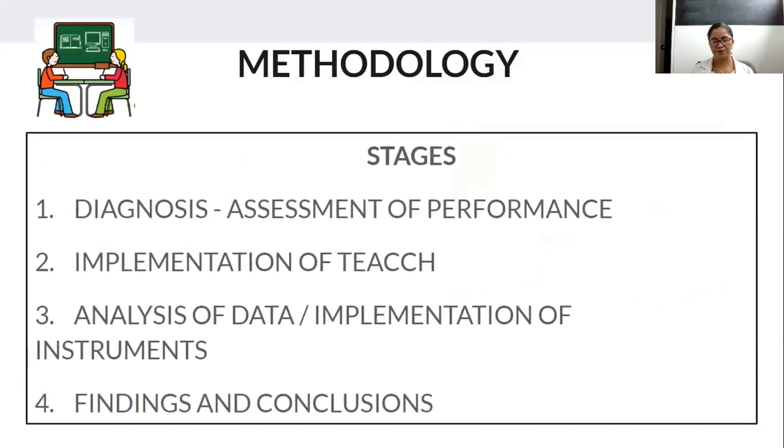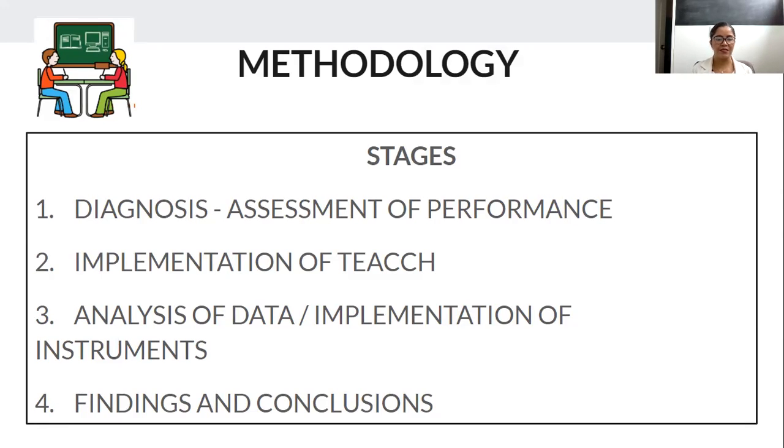So, methodology. I decided to do 4 stages, in fact. The first one was a diagnosis stage in which I assessed the performance of the students so that I have that in mind in order to compare it with the performance they have after the implementation of all the strategies. Number 2, I implemented a number of strategies from each one of the principles from TEACCH, the ones that I've mentioned to you today.